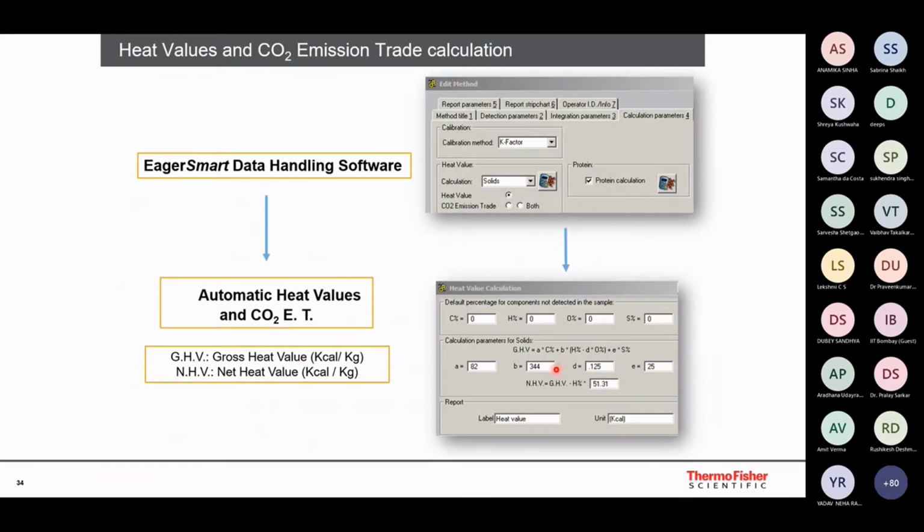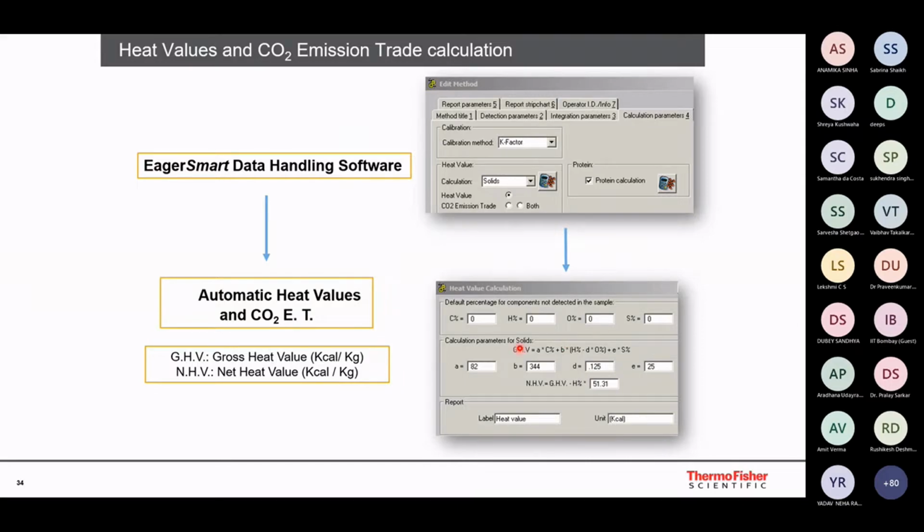In petrochemistry, for coal samples, you can take that sample. In petroleum industries, coal and coke, most of the time they are interested in heat value, that is gross heat value and net heat value, because the cost of the coal depends on that basis. The Thermo EAGER Smart software is capable of not only CHNS but you can also calculate the gross heat value as well as the net heat value.